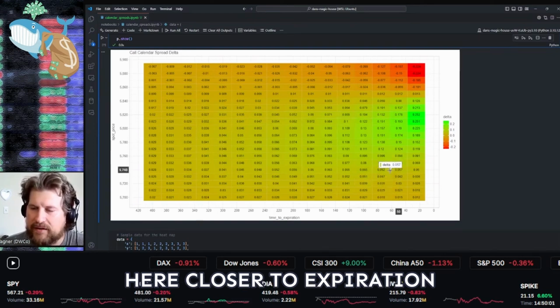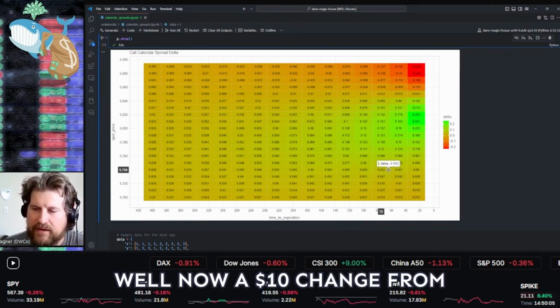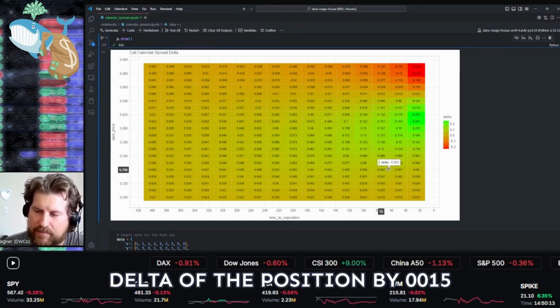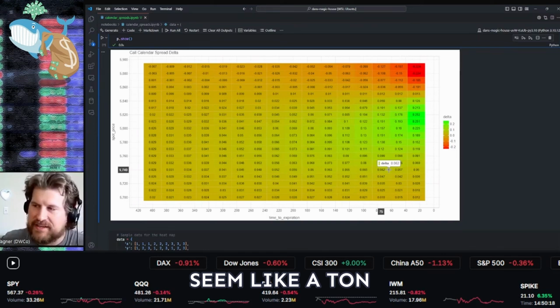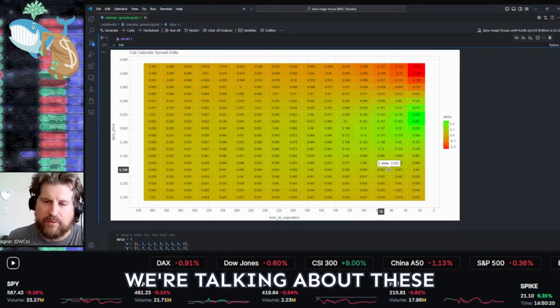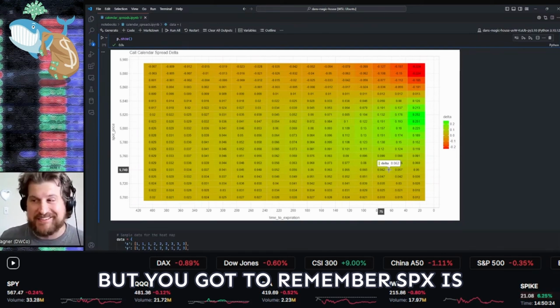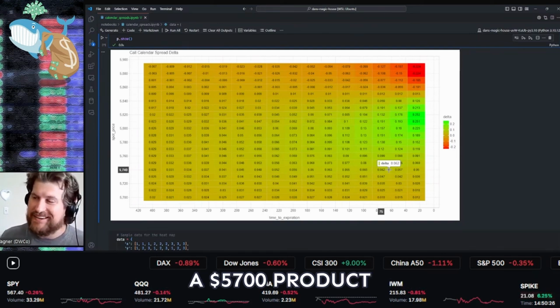Whereas when you get closer to expiration, well now a $10 change from 57.30 to 57.40 changes the net delta of the position by 0.015, which I know doesn't seem like a ton, we're talking about these tiny fractions, but you got to remember SPX is a $5,700 product, right?